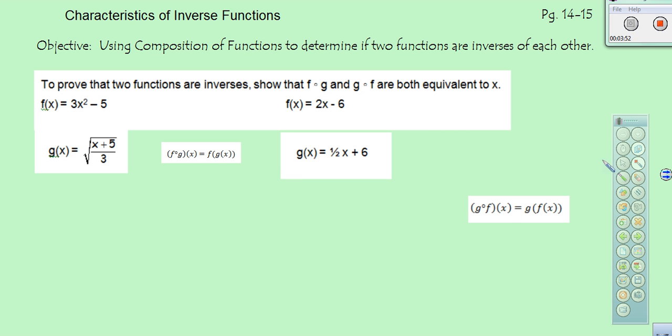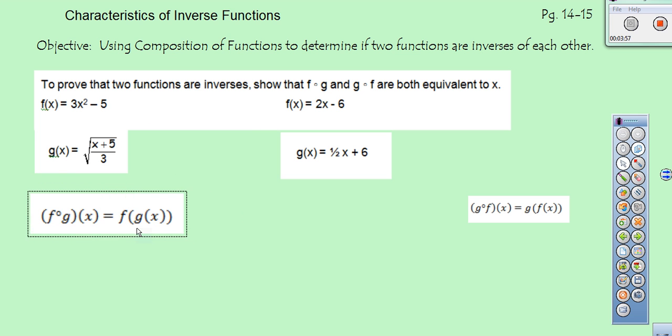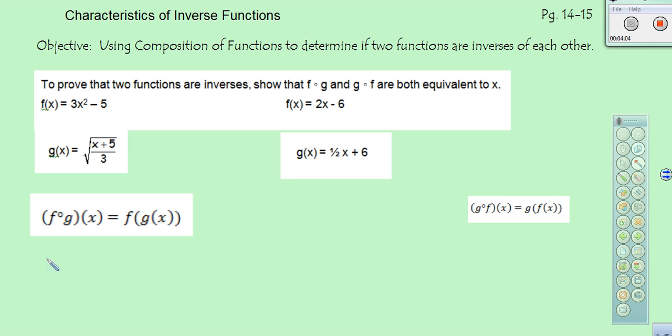Alright, so we have our f composed of g. Let's make that a little bit bigger. And so we're going to take f of x and we're going to plug g of x inside of it. So that means we're going to take f of the square root of x plus 5 over 3.